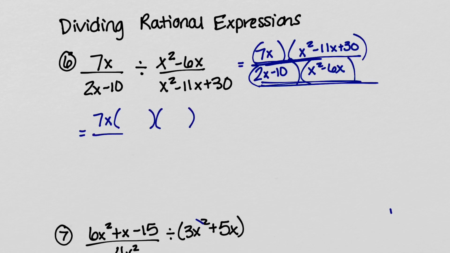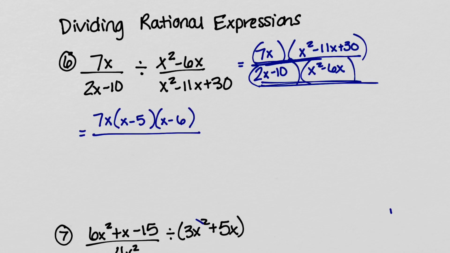So I know it's going to become 2 binomials, multiplies to positive 30, adds up to a negative 11. So in that case, I know both of them have to be negative. And I get a negative 5 and a negative 6. They multiply to a positive 30, add up to a negative 11. So that is as factored as that gets. So my numerator is all factored.